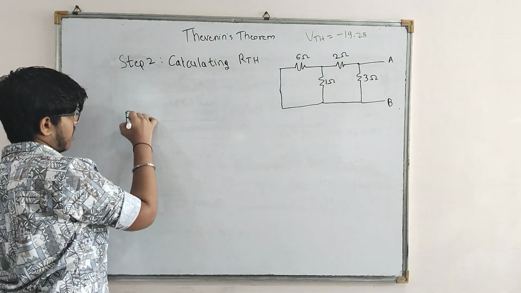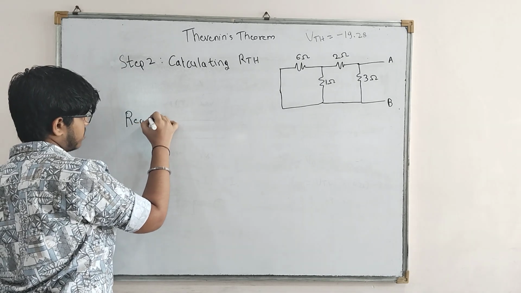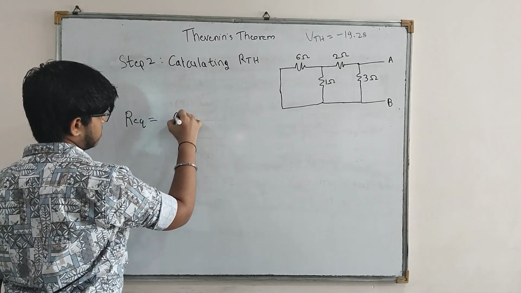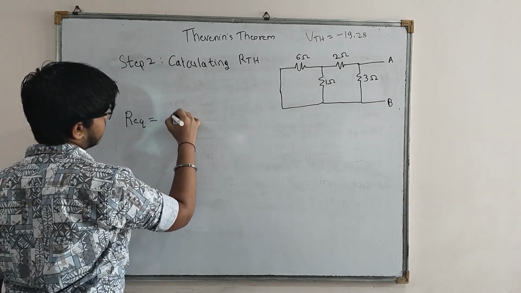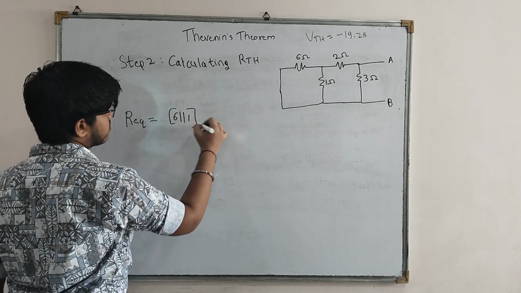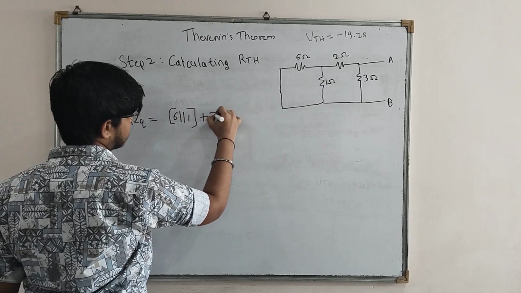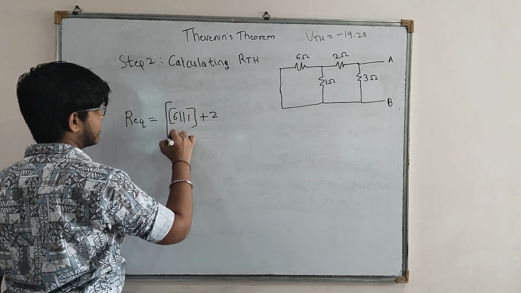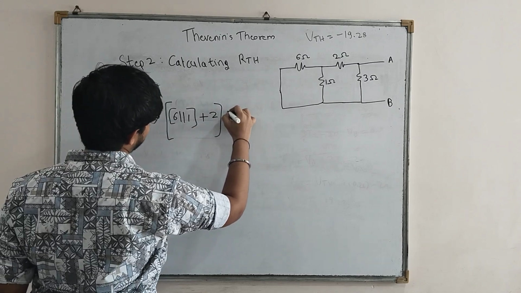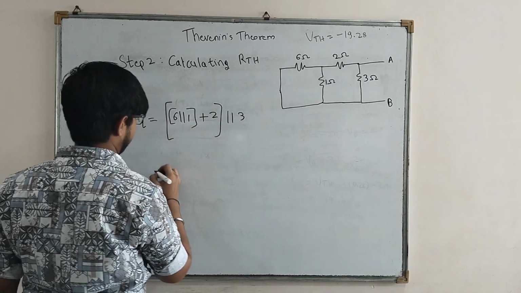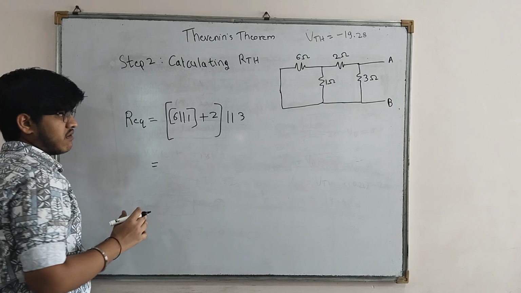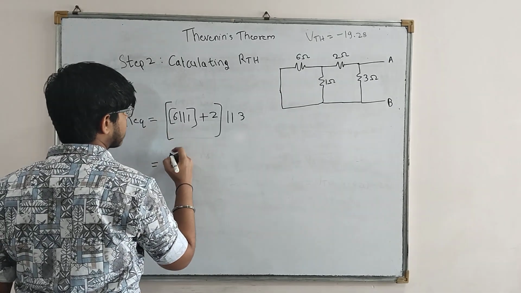Okay, so now let us solve this. We will write here R effective is 6, which is in parallel with 1. This entire thing is in series with 2 ohm resistance, and this entire thing is again parallel with 3 ohm. Okay, so let us solve this branch first.